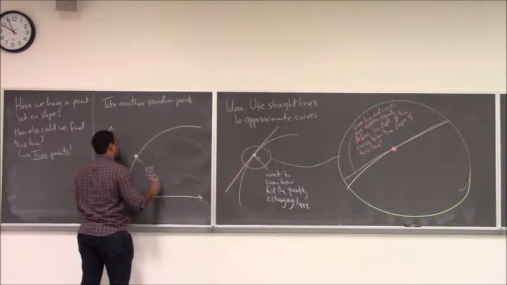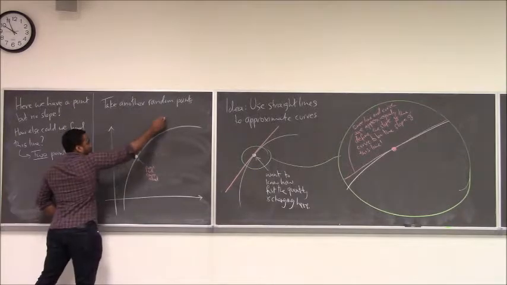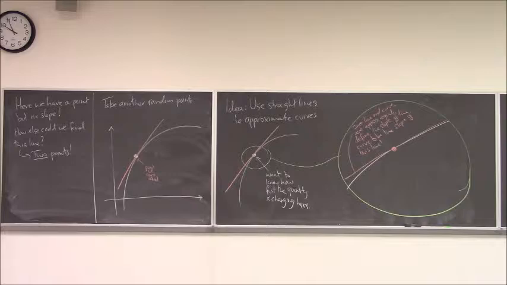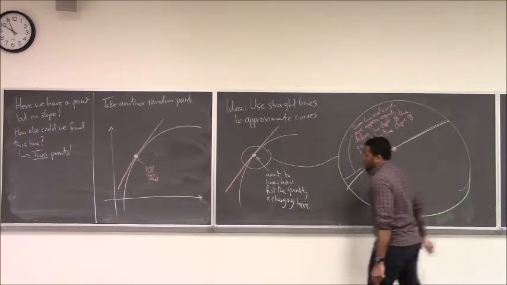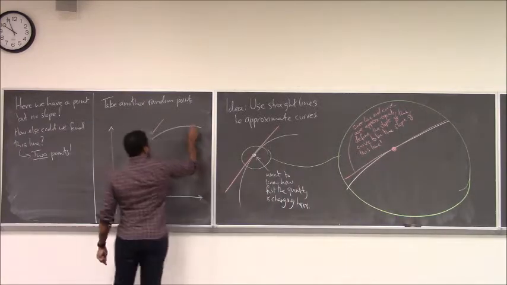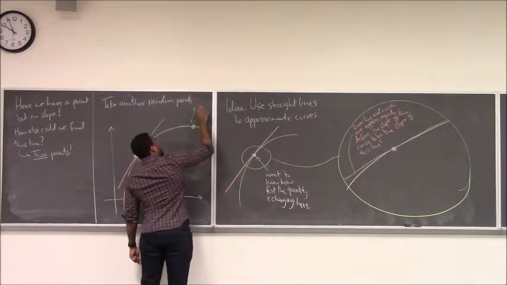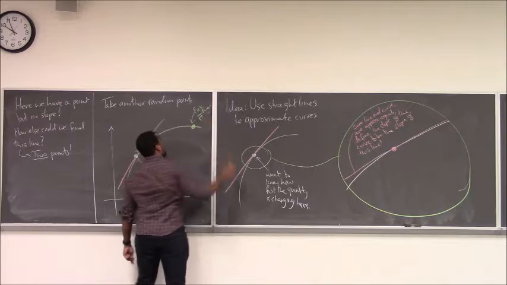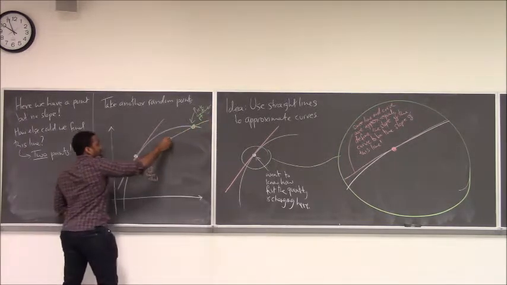However, figuring out a line that touches that 1 point without knowing the slope, impossible, can't do it. So what we do is we pick another point. So we take some other point on the curve. And what we do is we connect those 2 points with a line.